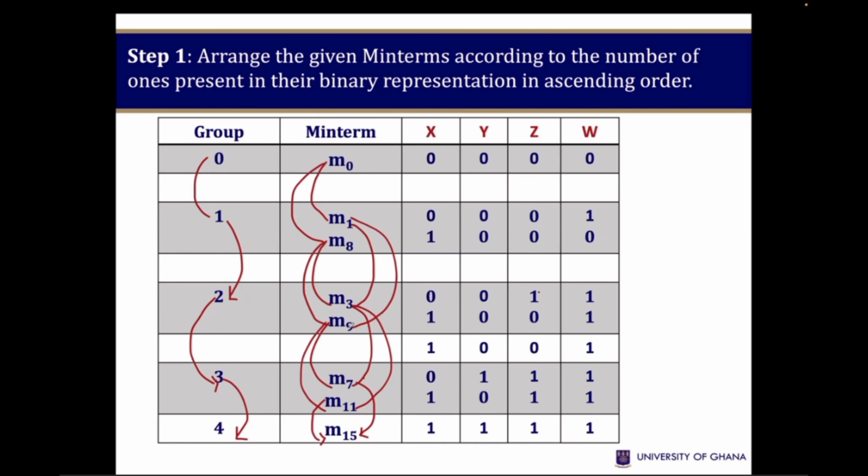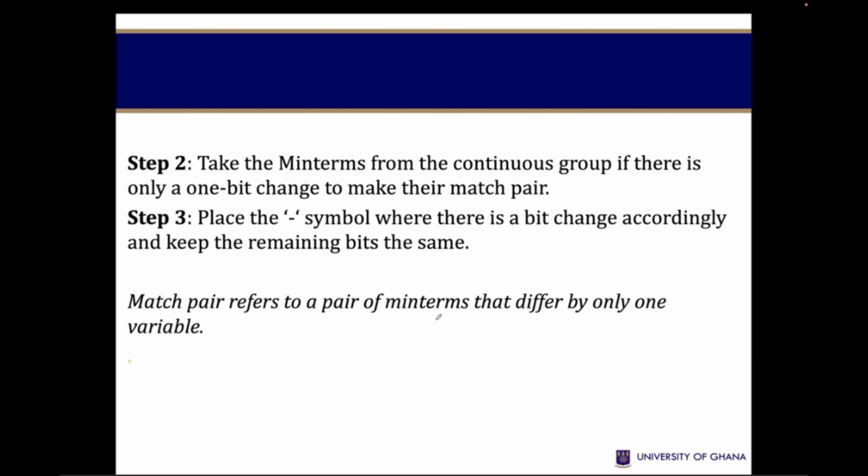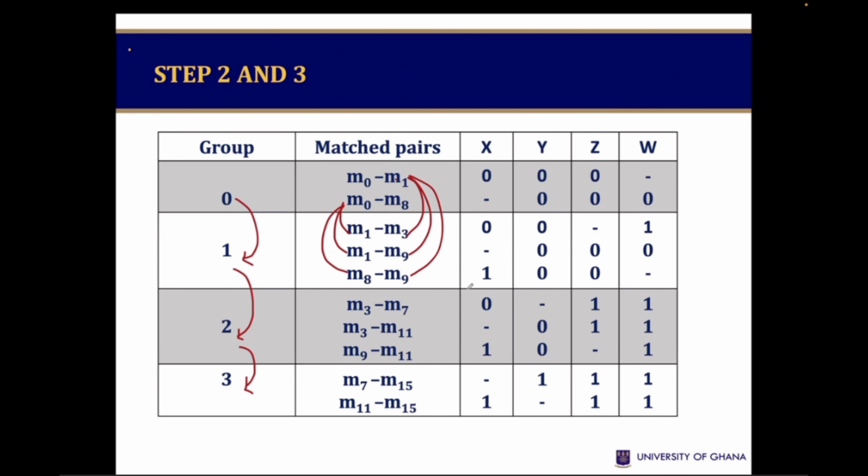So M1, M9. Let's see M1 and M9. They differ at X. So you have 0, 0, 1. M1, M9 they differ at X, right? Yes, sir.